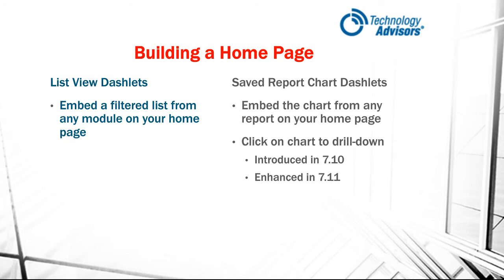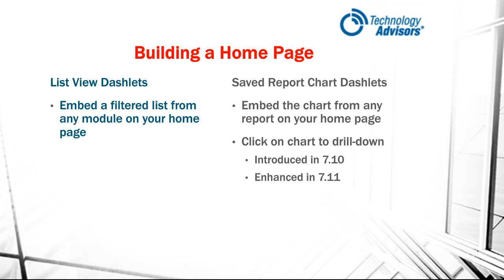The next item on our list is building a home page. And we're going to look specifically at using the filters and reports we just created to add dashlets to our home screen. List view dashlets will embed a filtered list from any module on your home page using the filter you've created from that module.